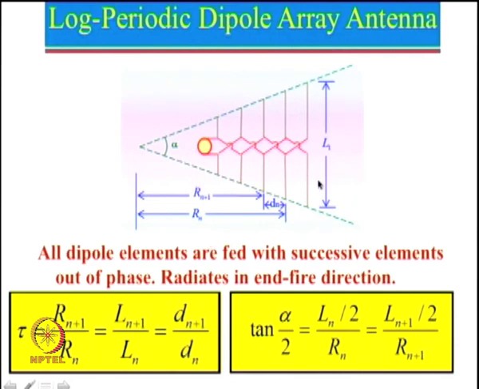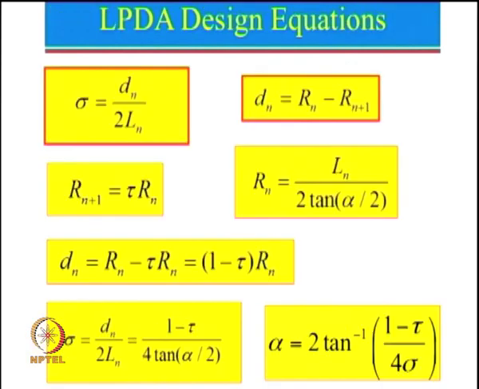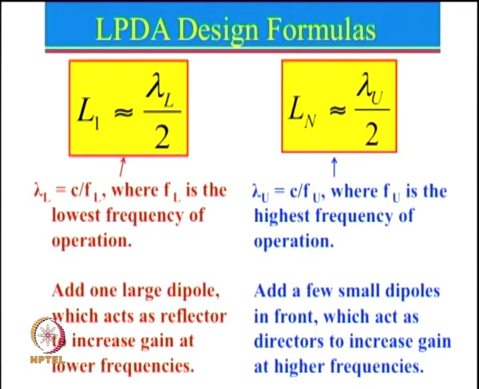For that particular space factor, this distance is approximately equal to lambda by 2 at the region where it is more resonant, and then it will be lambda by 2 at the lower frequency region here. So when you choose this distance to be approximately lambda by 2, that satisfies the condition of end-fire radiation better, and that is how this optimum curve has come.